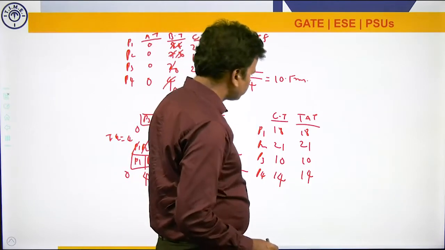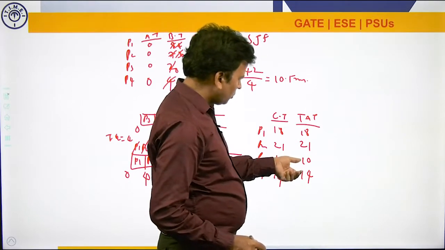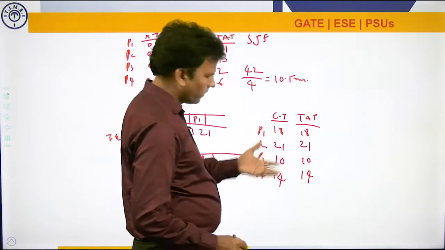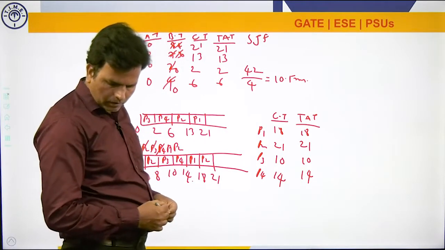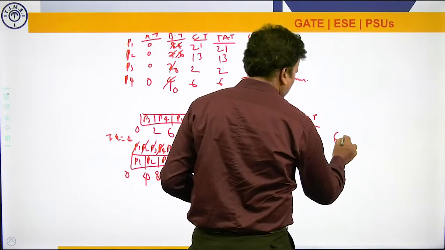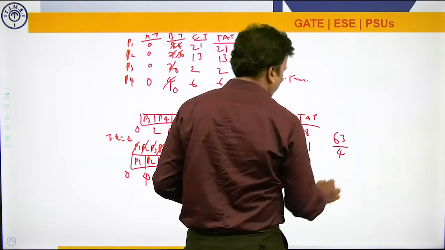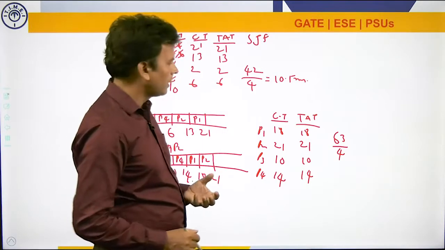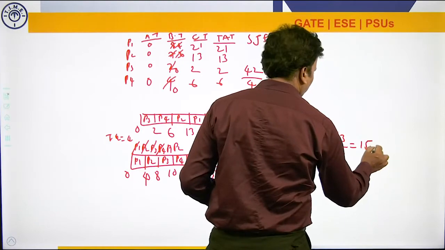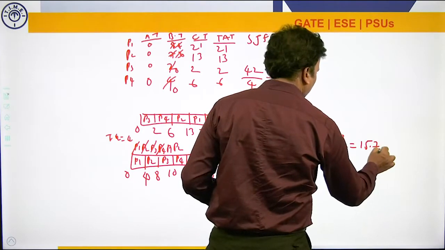So the sum will come to 63. Since we need to calculate the average, the average turnaround time is 63 by 4, which is 15.75.